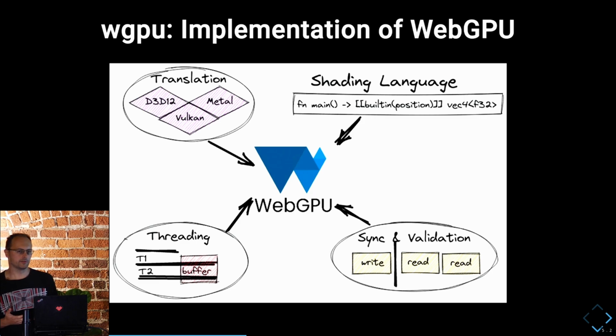So we can now go to the next step, which is talking more about WGPU. What this is, generally, is an implementation of the API that's developed by browser vendors as well as Intel and other companies. So it's a conglomerate of companies, and the API is called WebGPU. And the idea is we would translate into the native APIs on those platforms that browsers can run on. So D3D12, Metal, and Vulkan. We would use our own shading language. We would do the synchronization for the user.